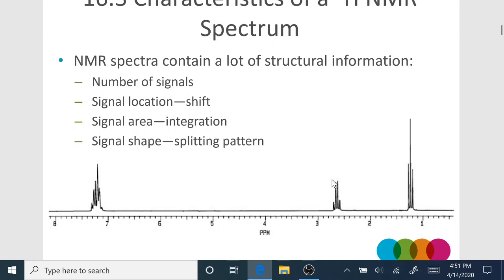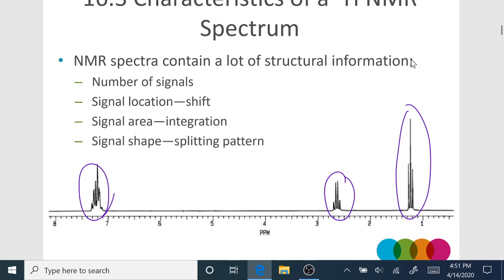So even though we have a lot of peaks here, this spectrum only has 3 signals. So this signal here at about 1.3 ppm. So right here, let me go ahead and mark that. This signal here at about 2.6 ppm, that's another signal. And then we have a signal just above 7. So we have 3 signals in this spectrum. That's our number of signals.